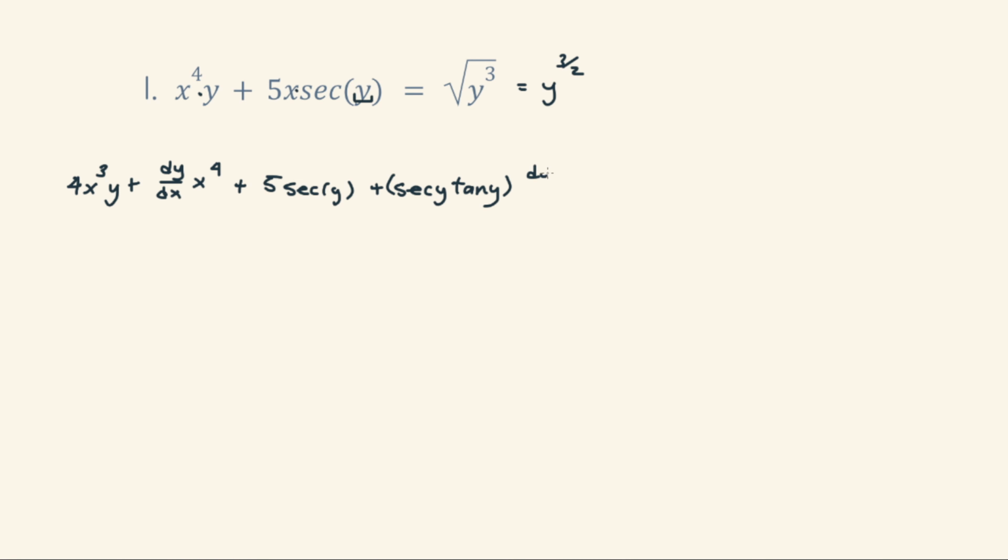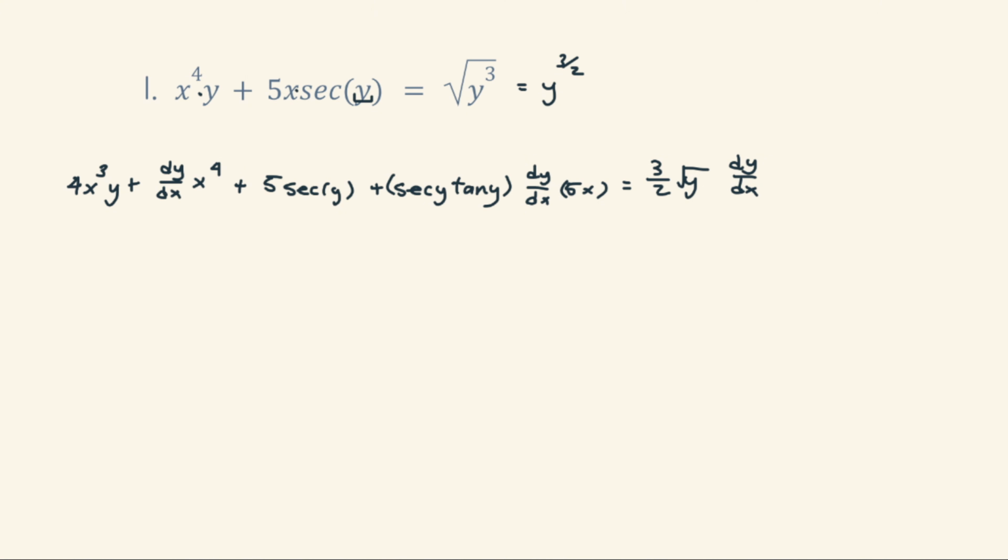It's just going to be dy over dx, and then we multiply by that first function, so it's going to be 5x. Okay? And then on the right side of my equation here is just going to be a power rule. That's going to be 3 over 2, y to the 1 over 2. Okay, instead of 1 over 2, maybe let's just do a square root here, and then dy over dx.